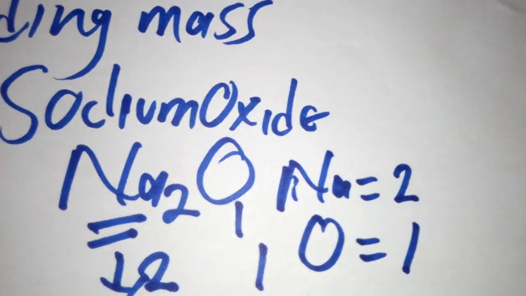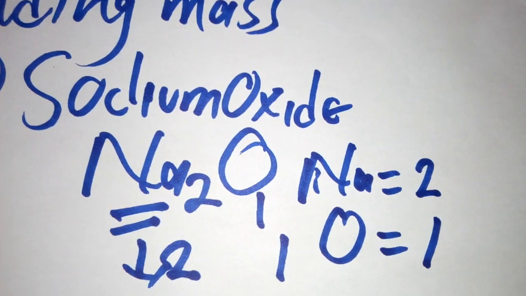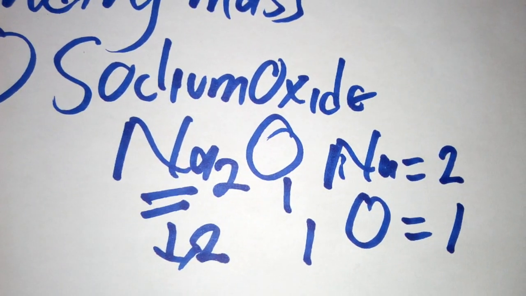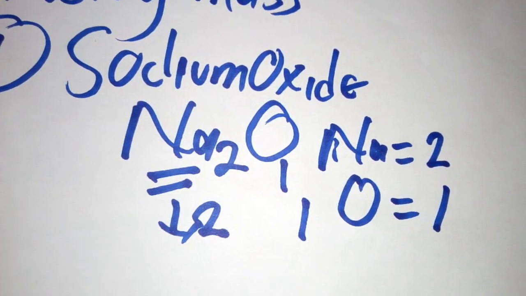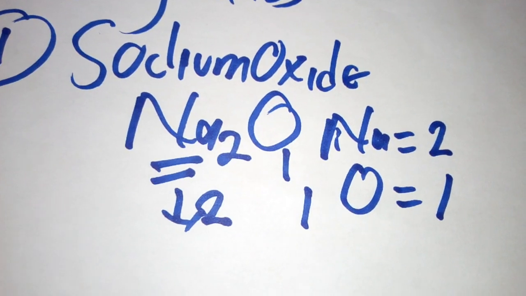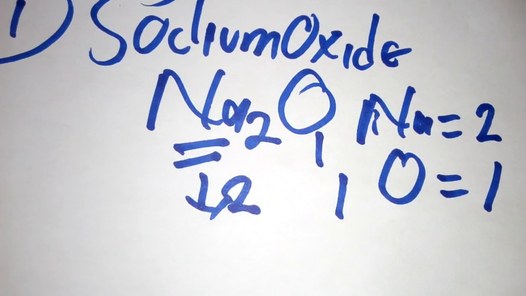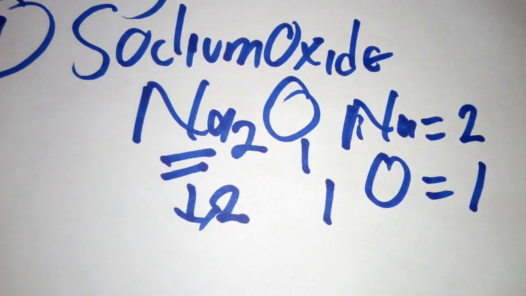So how do I calculate the mass of a given compound? I'll go back to the periodic table, where we have the notation. How do I know the notation of a given element?